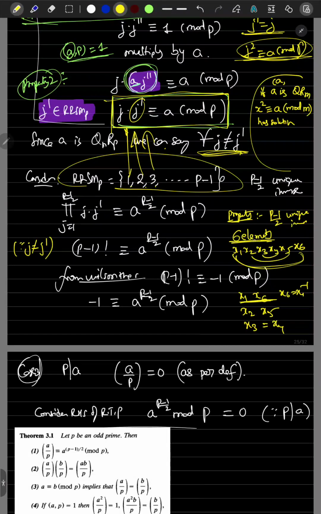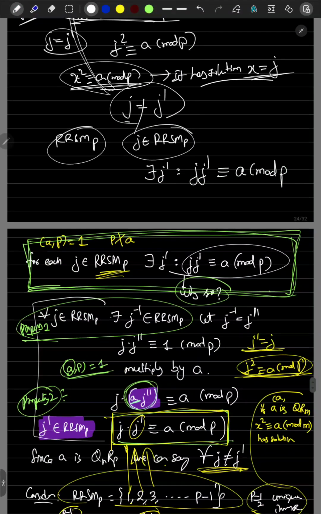Out of 6 elements how many unique inverse pairs will there be? Tell me. Half, 3. That's why I wrote P minus 1 by 2. So I take the unique elements and multiply each one. For all values of J from 1 to P minus 1 by 2, I multiplied, and since there are P minus 1 by 2 of them, it comes out to A power P minus 1 by 2. You are getting my point?